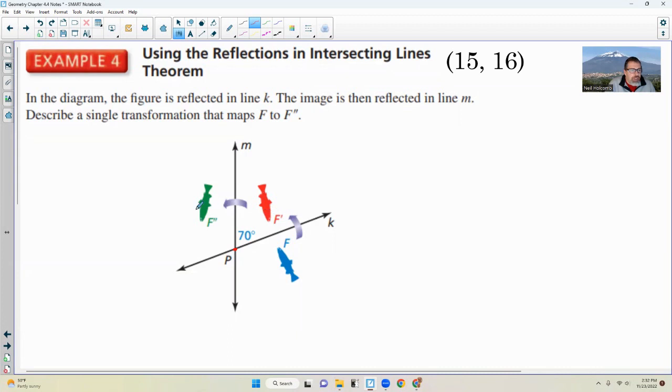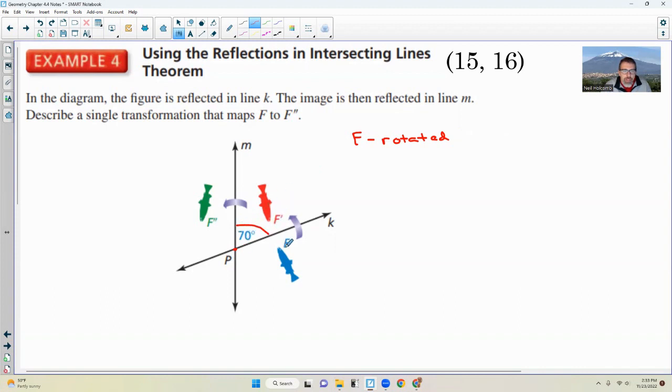Okay, so a single transformation that maps it. Remember that 2 reflections equals a rotation. So you could say F rotated, and it's got to look like F rotated. So it's not F-rotated. F rotated, and my angle of measure from the intersecting lines is 70 degrees.